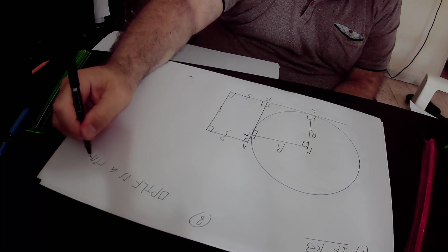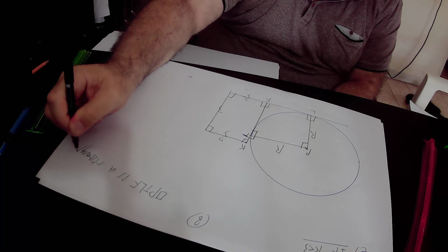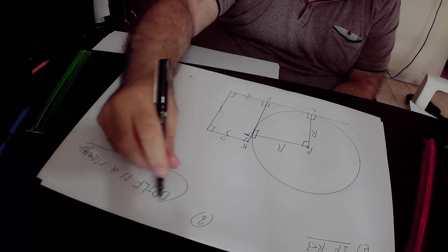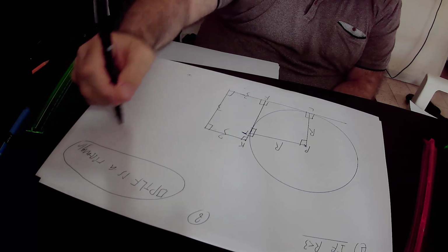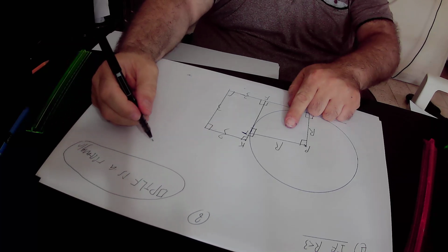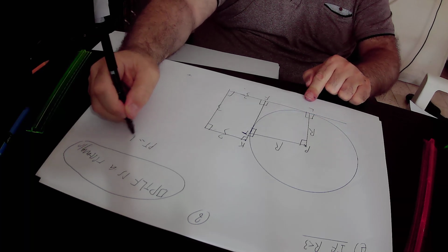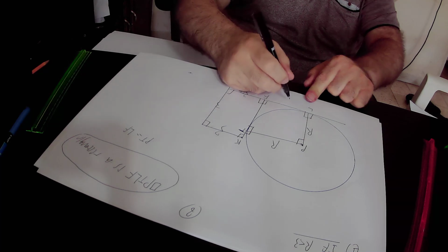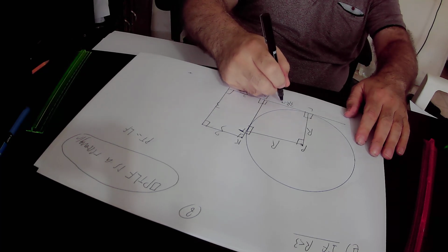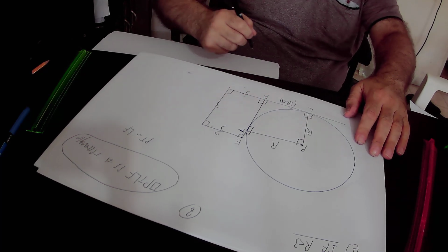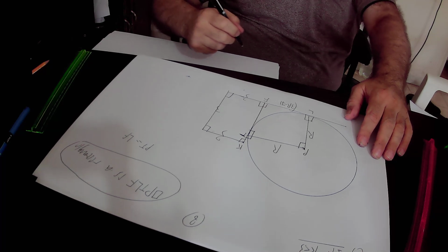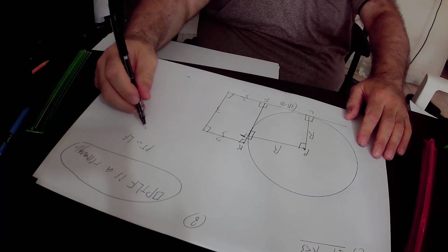And the opposite sides of a rectangle are equal to each other. That is to say, here PT is equal to LF. LF equals 3R minus 7, according to what we have already found out.